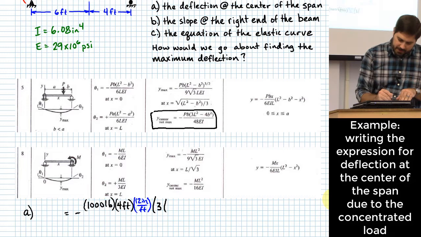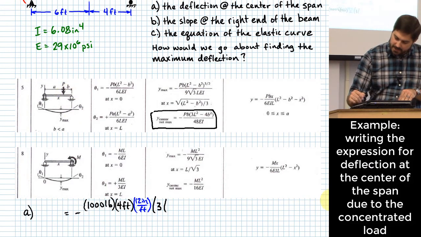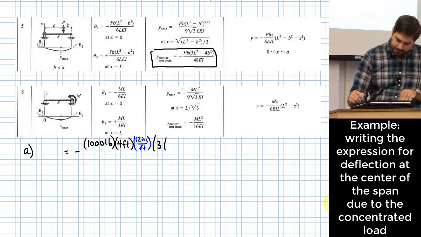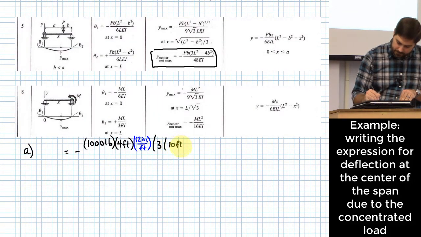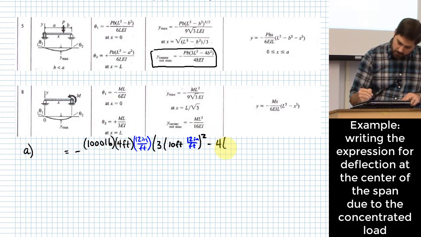L is the sum of A and B, so for us that's 10 feet, 6 foot plus 4 foot, again times 12 inches per foot. That squared minus 4 times B. B, we already looked at, was 4 feet.